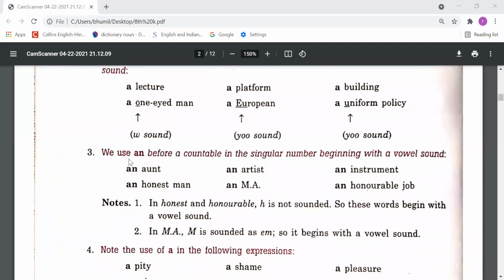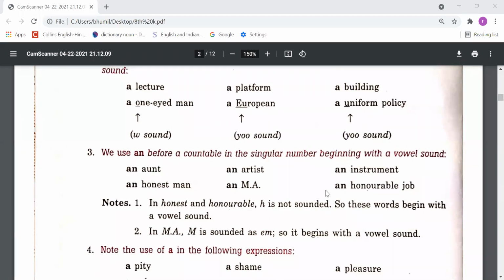Third point: we use "an" before a countable noun in the singular number beginning with a vowel sound. When our noun is countable and singular, and it starts with a vowel sound, in that condition we should use "an": an aunt, an artist, an instrument, an honest. Remember, "honest" is pronounced "onest". The "o" is a vowel sound, that's why we have used "an" here.